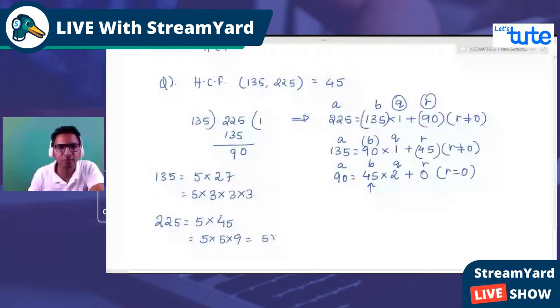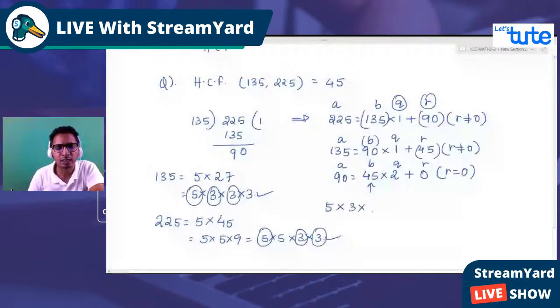So in both cases we got the prime factors. We just have to see what the common factors are. We have one 5 in common. We don't have any other 5 in common, but we have 3. Multiplied by one more 3 in common, correct? Then we don't have anything else in common.